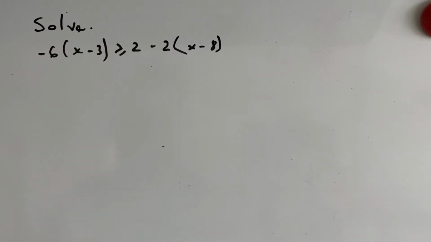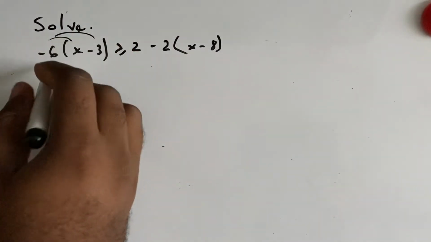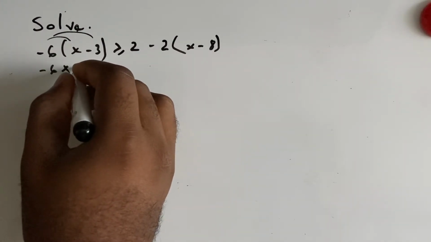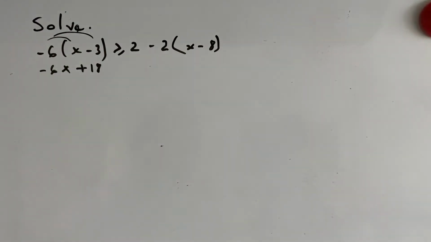So first thing you see here on the left of the inequality sign, I can distribute the negative 6. So I have negative 6x plus 18, because that's negative 6 times negative 3. Okay.